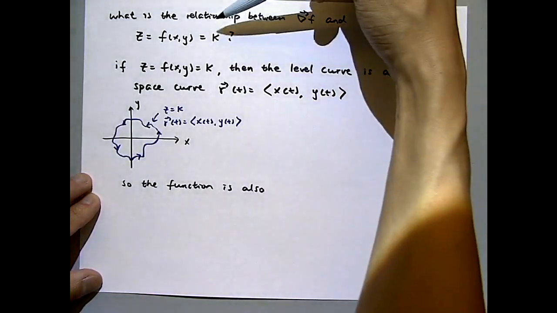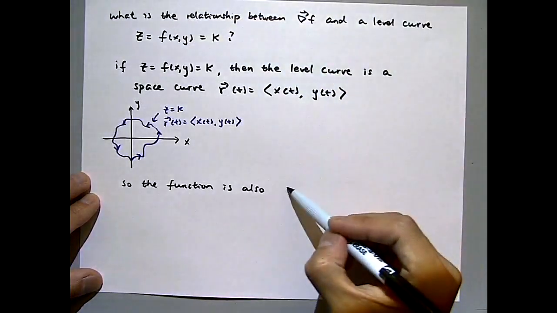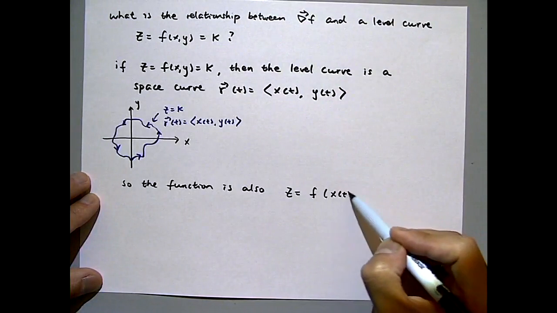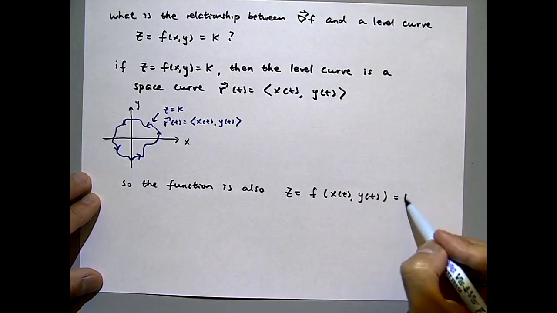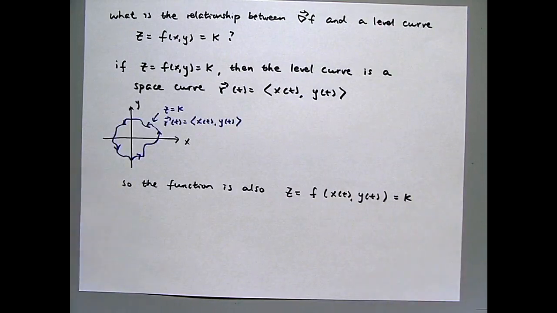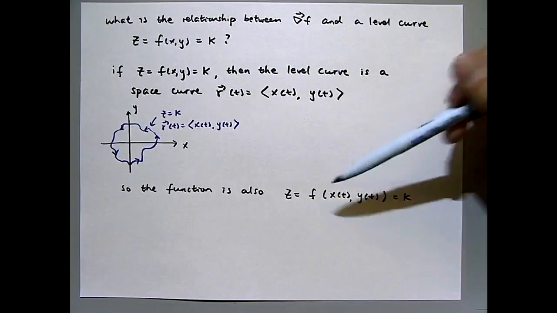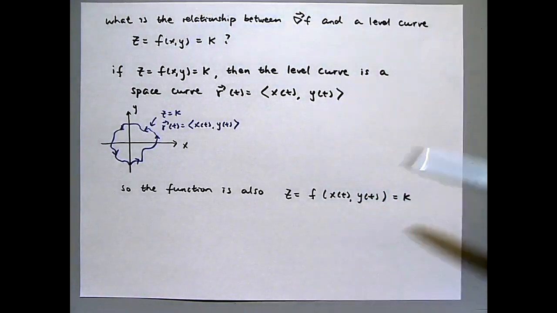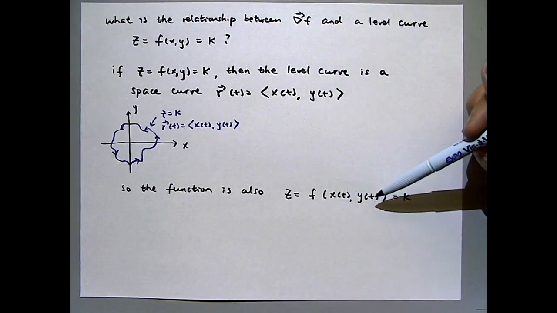So z as a function f of x, y could also be written as f of x of t, y of t, equal to some constant k. Any level curve is given by f, which is originally a function of x and y, but x, y in turn are functions of t.